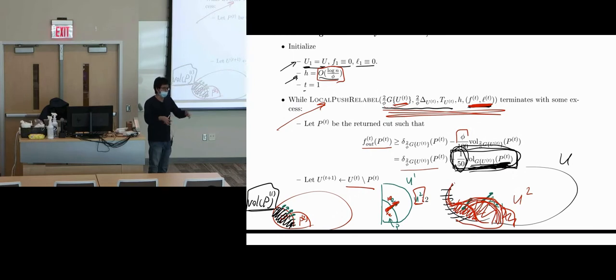So the total mass in the system is small, and the total prune volume is at most the volume of the initial mass. So we are good. So that proves the correctness.